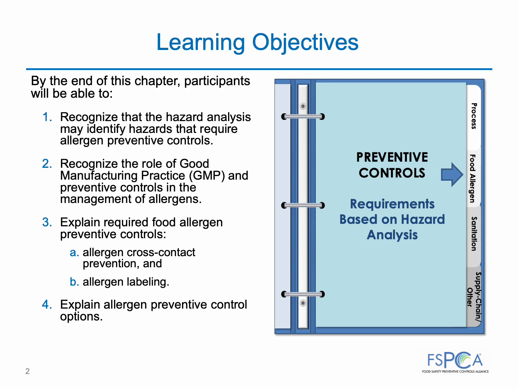The need for specific food allergen controls is determined through the hazard analysis process, and this chapter focuses on determining what components of the food allergen program are allergen preventive controls. The specific allergen control practices required to manage food allergens depend on the specific product and manufacturing processes and practices.